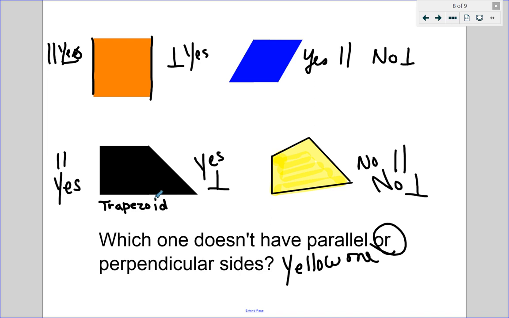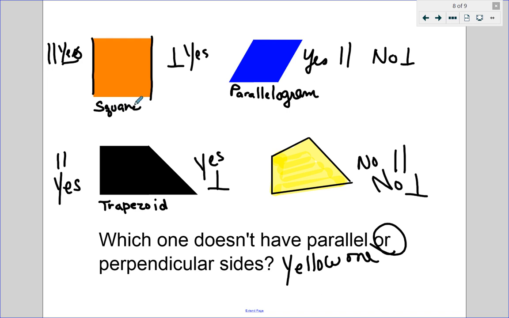Okay, so a trapezoid, we have a parallelogram, and we have a square. That one gets a lot of use out of it, huh? All right, we'll just call it a square.